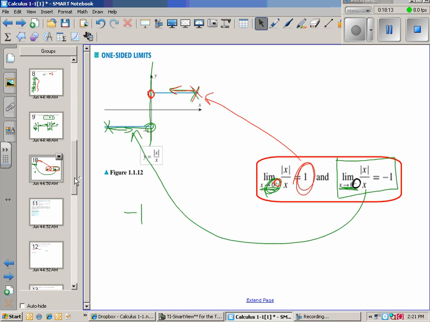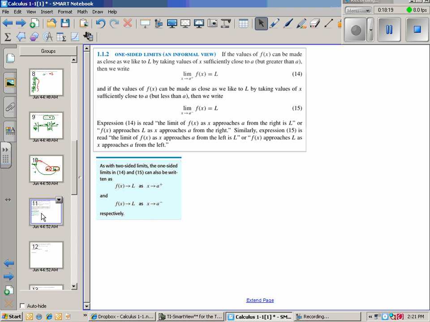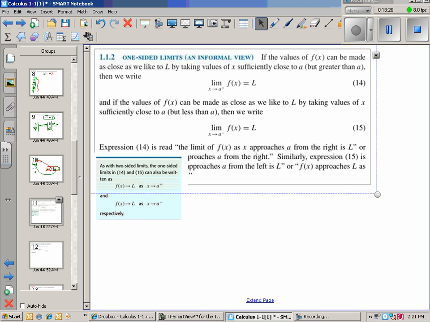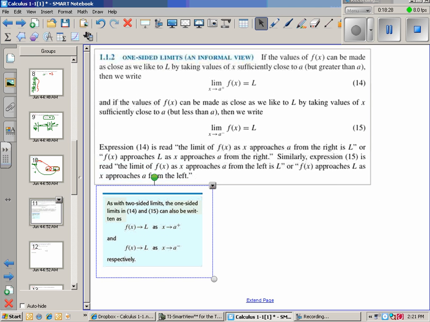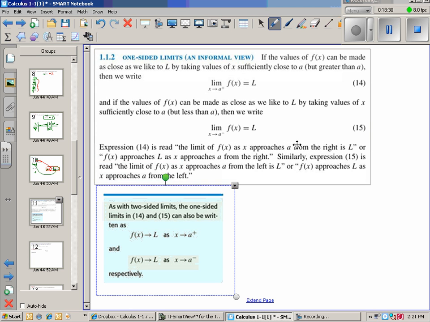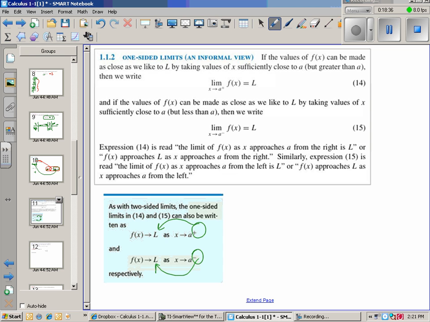And what we want to see is if the function limit exists. And that's going to lead us to the next slide, which says that you can only have a limit if the limit of each side exists and is equal, which means the left and the right have to be equal to the same number. Okay? If they are not, you cannot have the limit as x approaches a for any function.